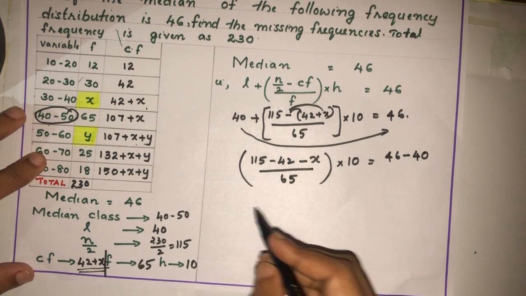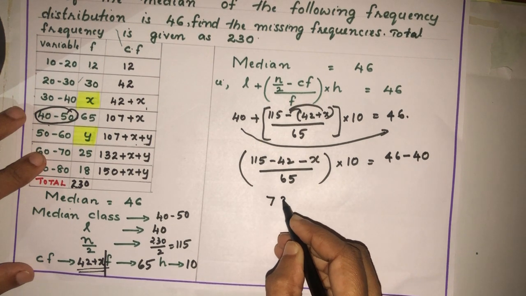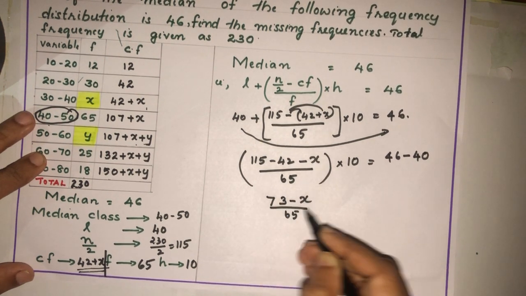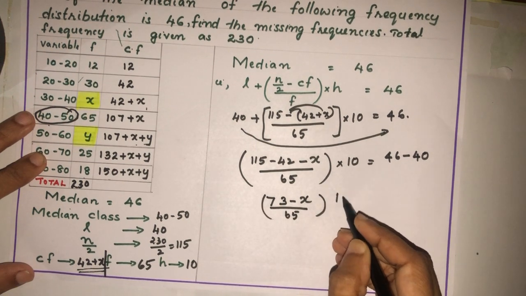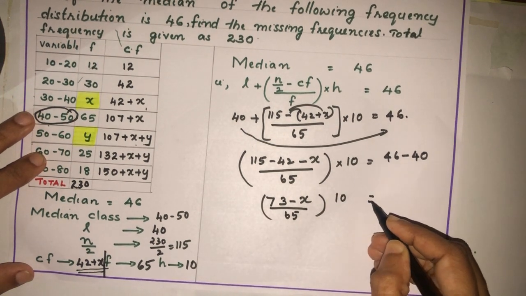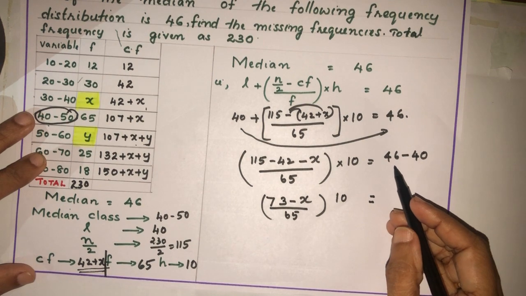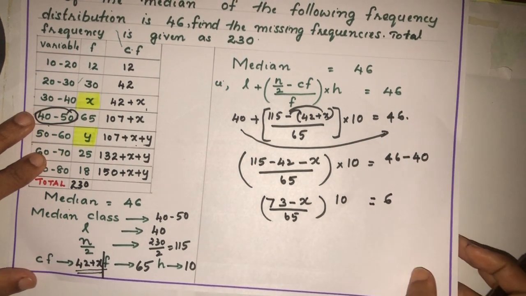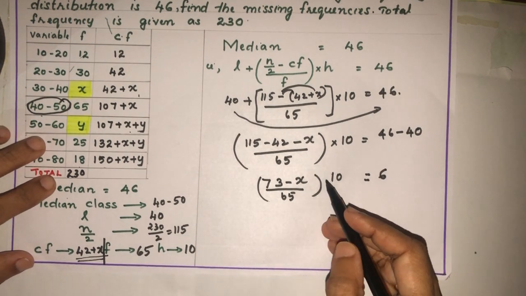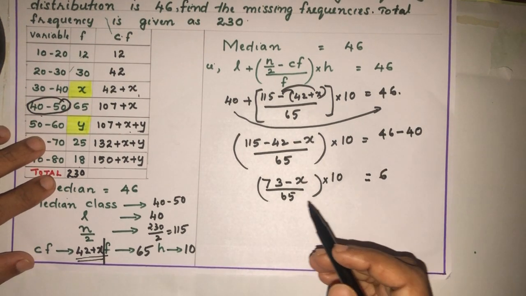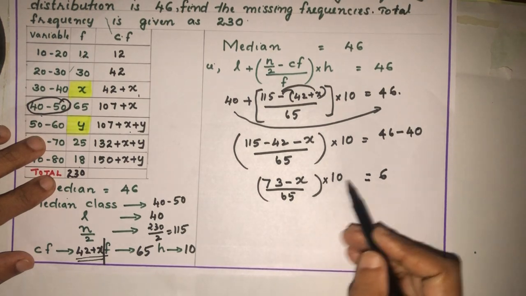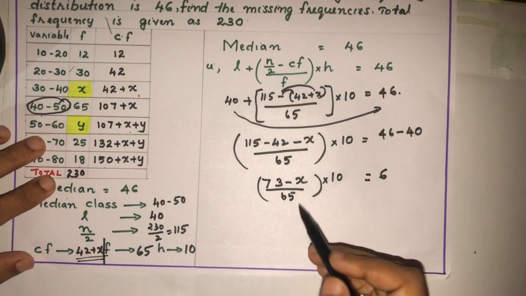How much? 73 minus x by 65 multiplied by 10 equal to, answer here 46 minus 40 is 6. Okay. Now here this is multiplication. So if you want, you can cancel this 10 and 65, you can divide both by 5.